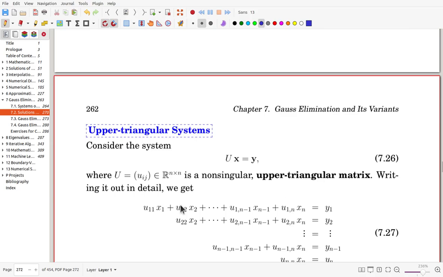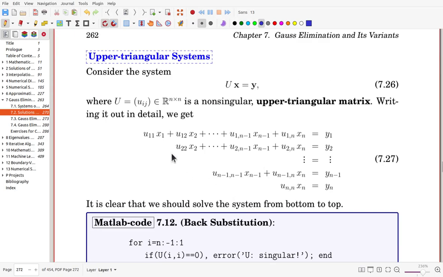Now let's go to upper triangular systems. Again, we'll use exactly the same strategy, writing it in detail. Ux equals y. Then we have these lines. Now the target is to get x.